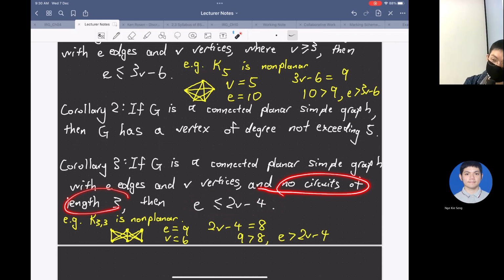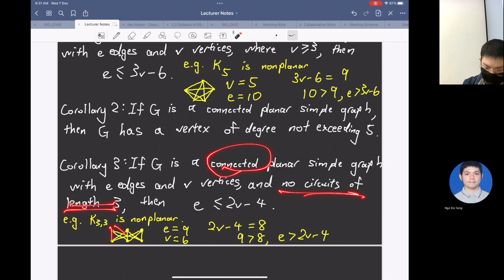Does this satisfy no circuit of length 3? A circuit is a path that starts and ends at the same point. This has no circuit of length 3 because it is bipartite. You cannot join these two vertices with an edge.